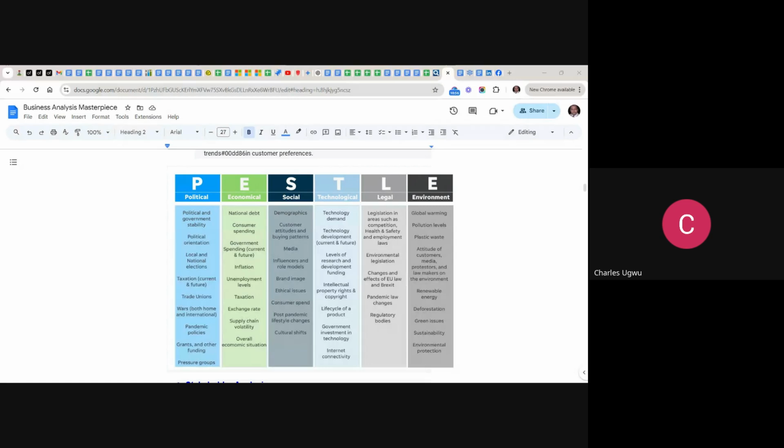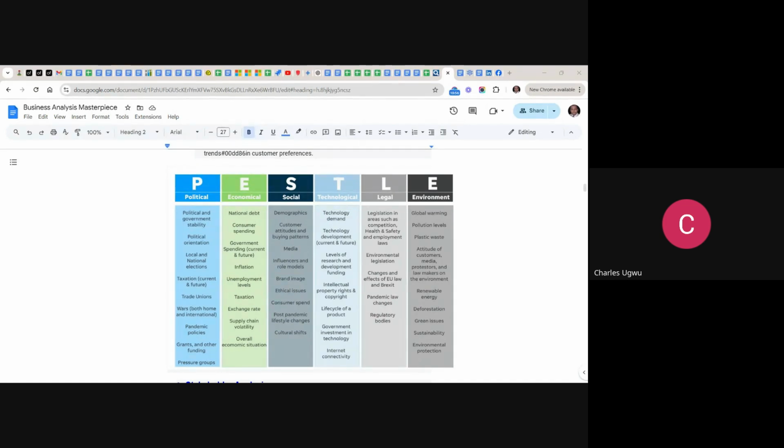So, and we will talk about the last one, being environment. We look at global warming, pollution, plastic waste, attitude of customers, media, protesters, and lawmakers on the environment.